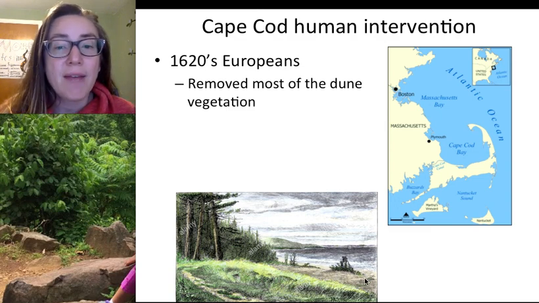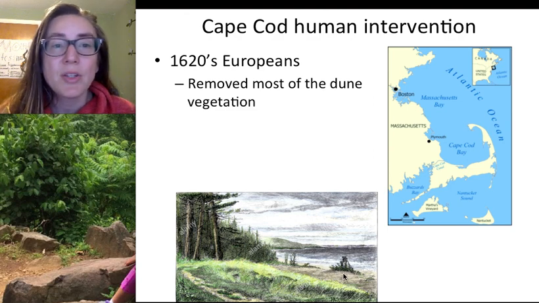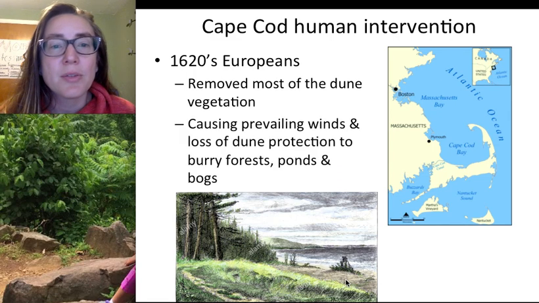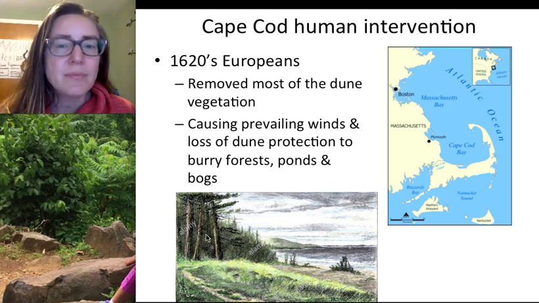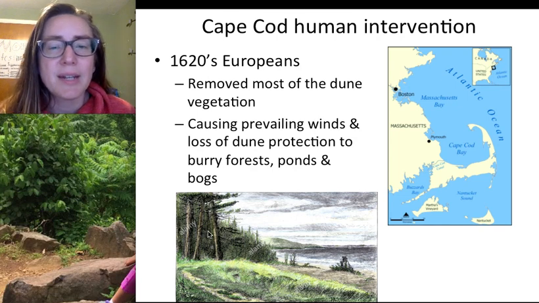And if you do not have the plants here, and if you have removed them, then you cannot have functioning dunes, and therefore that's going to prevent those dunes from acting like a buffer of the wave energy, and it's going to bury these maritime forests that would be here. It's going to destroy a lot of the timber that they would need.